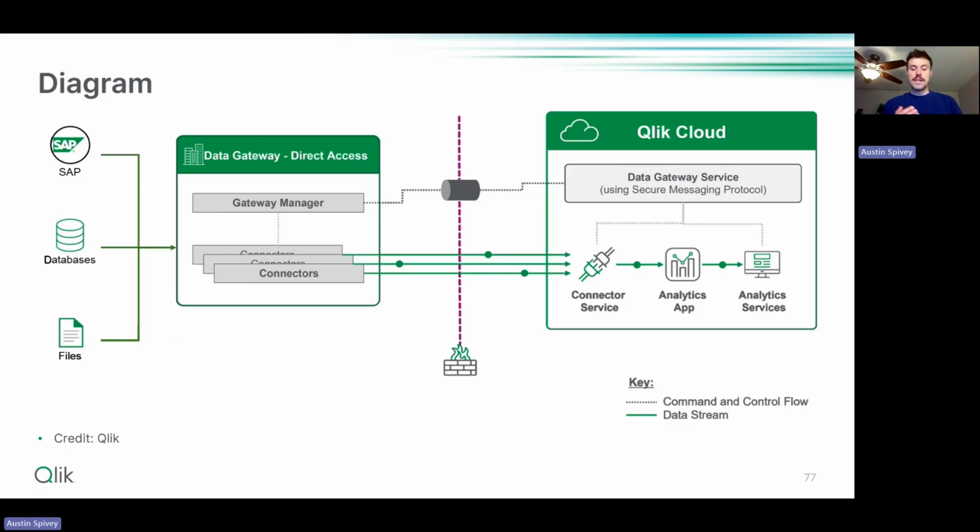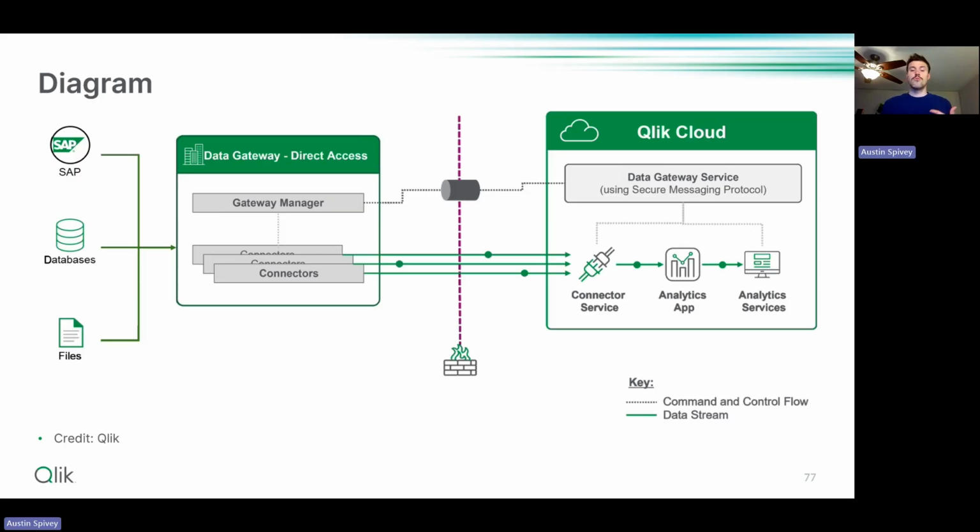Now, again, if we need to get data out of our firewall environment, you're going to install Data Gateway onto a Windows box in your environment, and then you can log into Qlik Cloud and remotely manage that data gateway. So you don't have to constantly be logging into that Windows box to manage your data gateway, apart from needing to do updates and things like that.